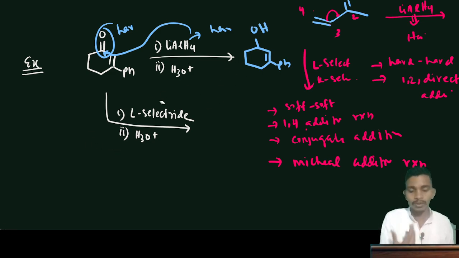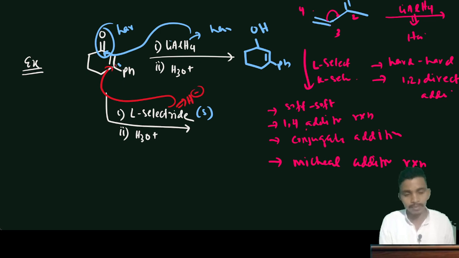Okay, now if we are doing L-selectride, then what happens is that now this will become a soft reagent. So this will attack to this soft site, so it will attack to here, meaning this is also releasing H minus.